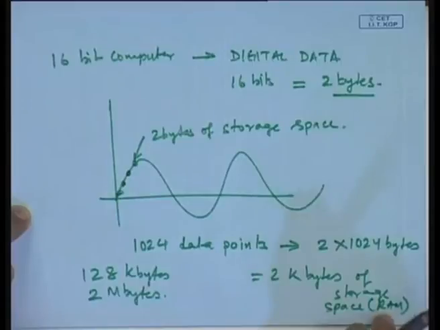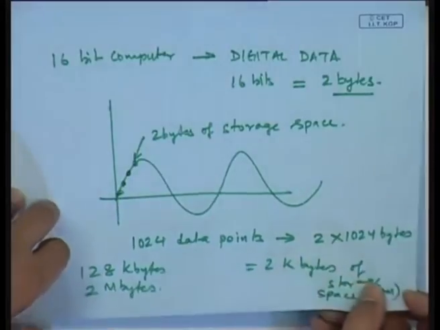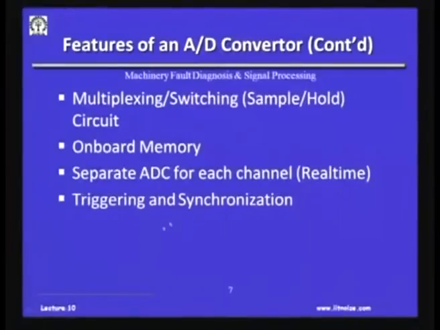So, I need to specify the amount of RAM which is there on the A to D converter, because once it is temporarily stored in this RAM, then the computer's architecture is going to pull this data out and store it in its hard disk, in the computer's RAM. This is very specific to the A to D card converter's RAM. Okay. And then there is a provision for triggering and synchronization, like when to start collecting the data.